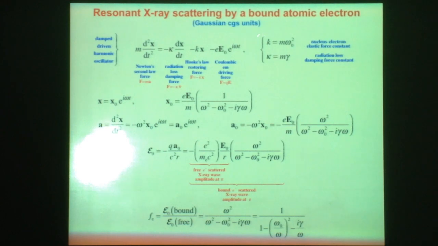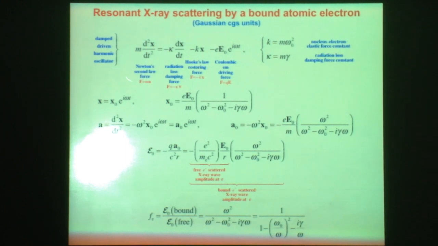The restoring force constant was defined in terms of the mass and the natural frequency for that nucleus-electron dipole oscillator, and the damping constant we can define as proportional to the mass, and this quantity we'll define as gamma for the moment.